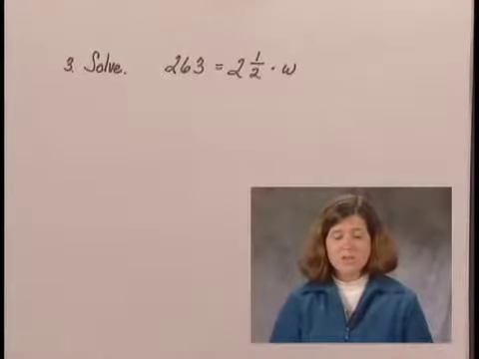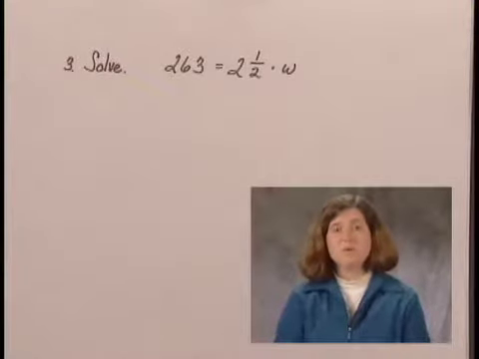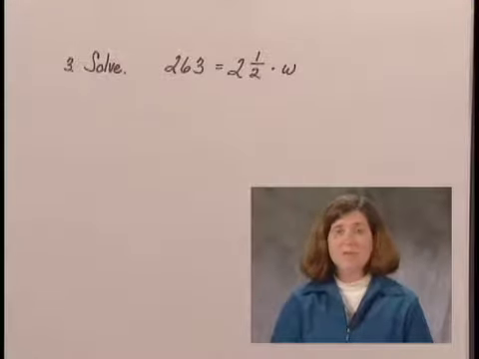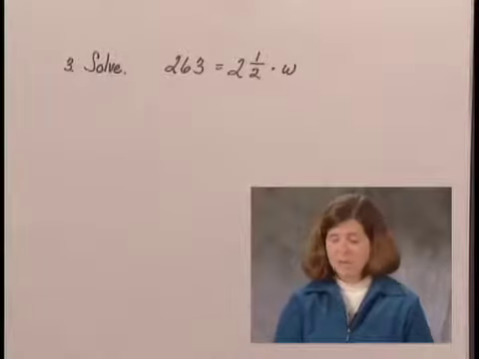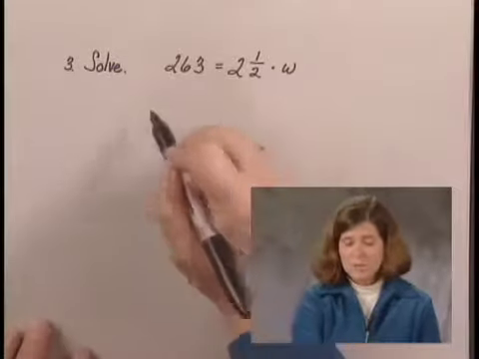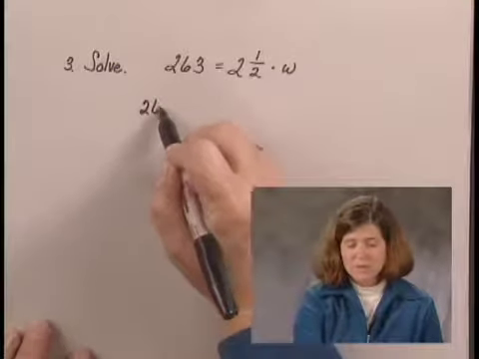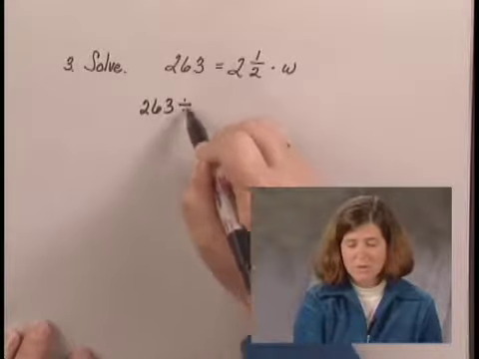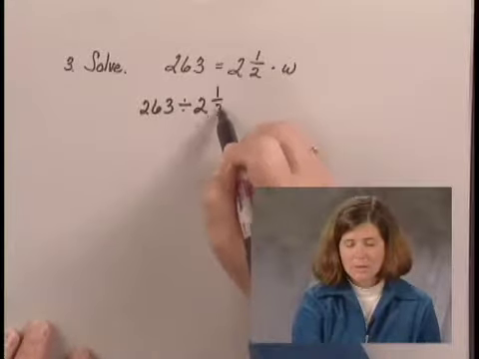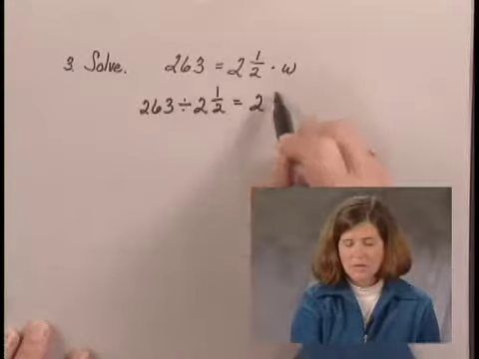To solve the equation 263 equals 2.5 times W, we need to divide both sides of the equation by 2.5. So we will divide the left side of the equation by 2.5 and the right side of the equation by 2.5.